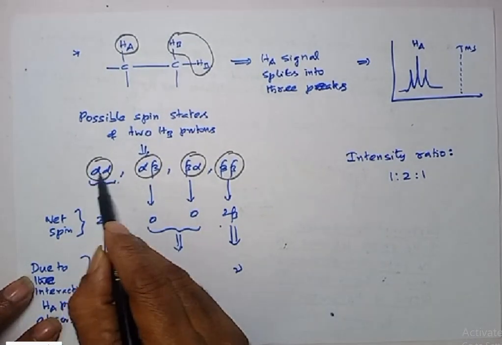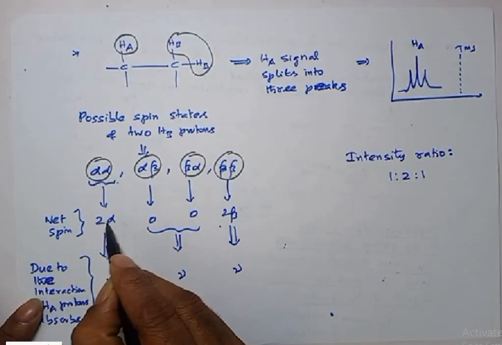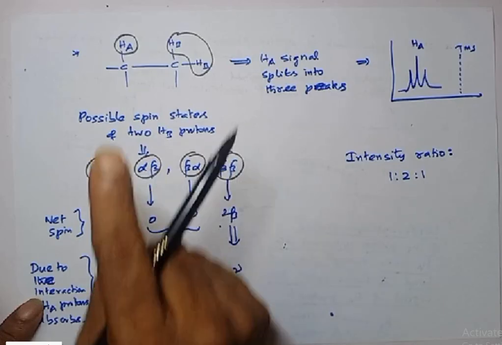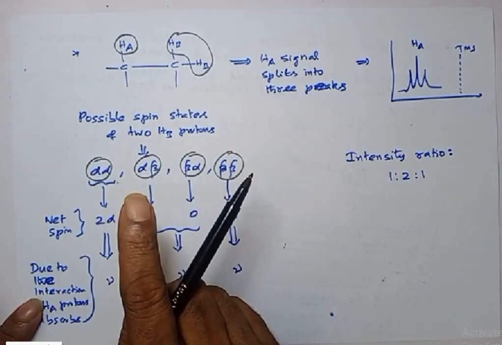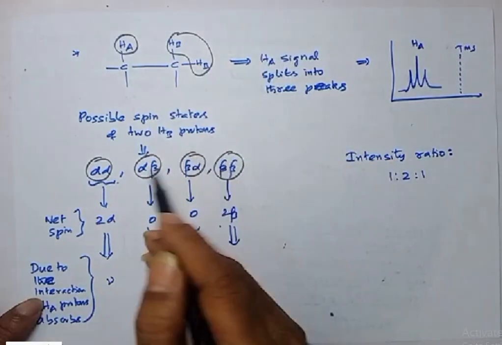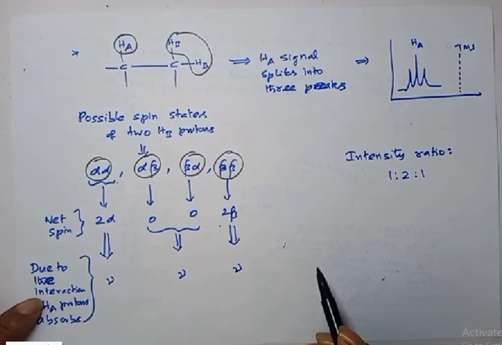Now listen, alpha alpha means they are on the same side, same direction. So alpha plus alpha, I will get 2 alpha. This is the net spin. Alpha beta: one is in the direction of the field, and beta is the opposite, so they cancel. Here also they cancel. Here I'll get 2 beta.